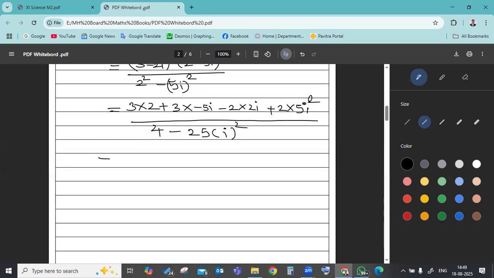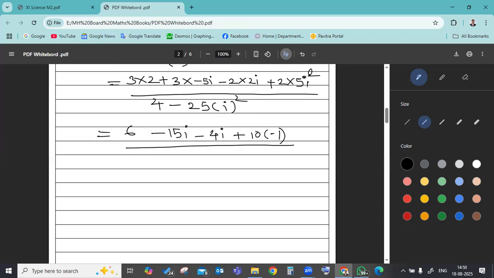Using i square equal to minus 1, this gives 6 minus 15i minus 4i plus 10 i square, over 4 plus 25.